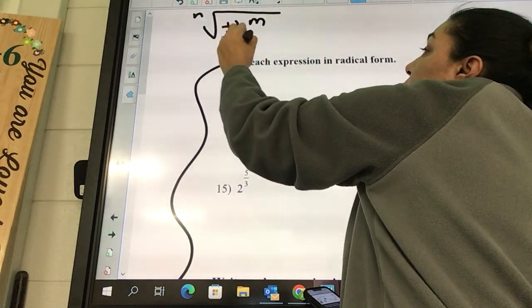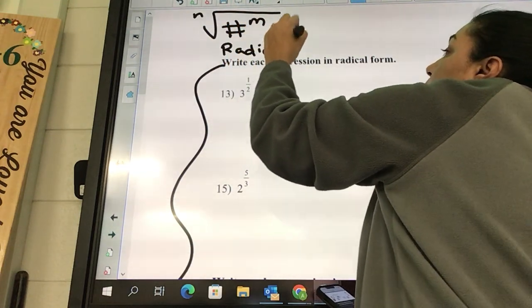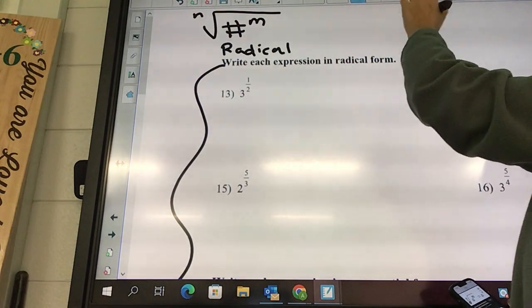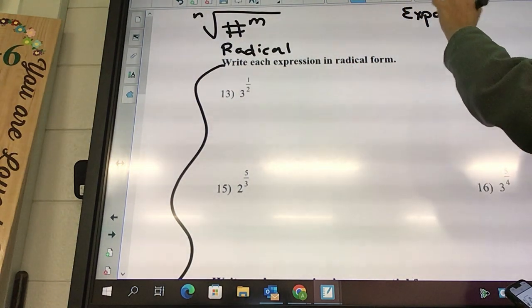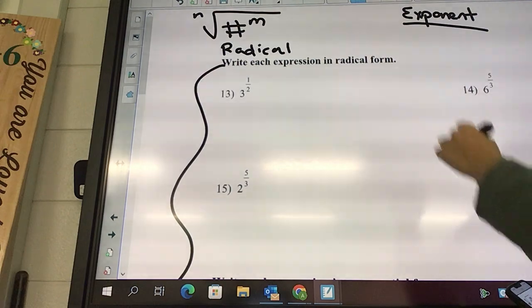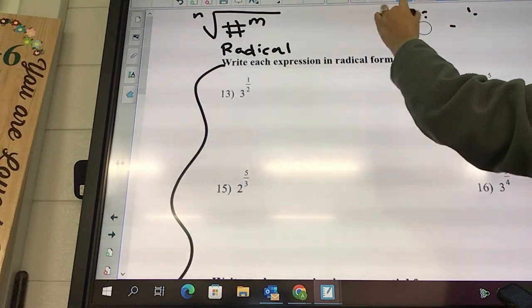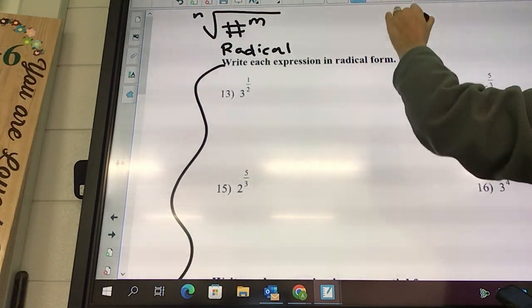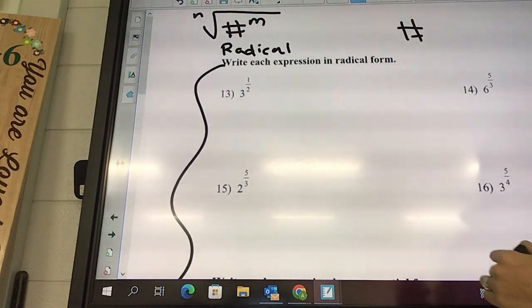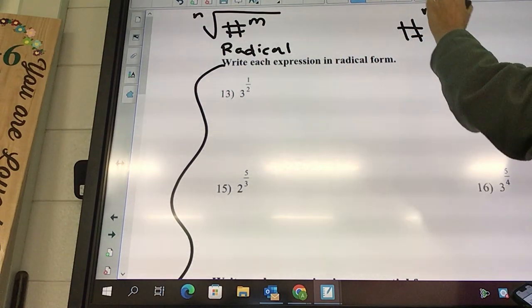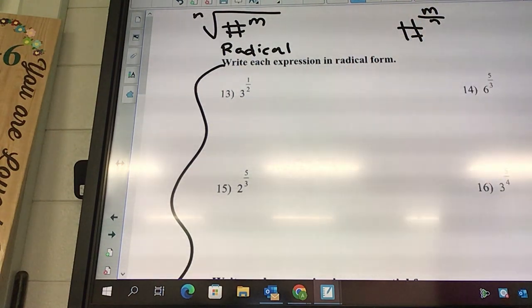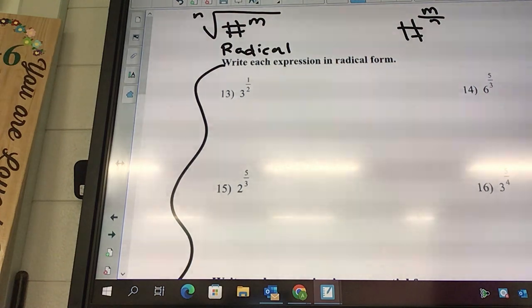This is the radical form. Now the exponent form goes the number to the m over n.